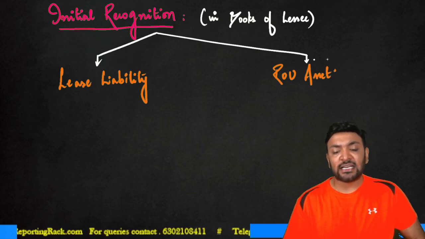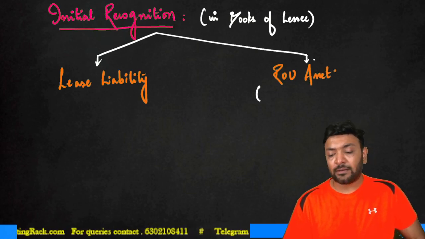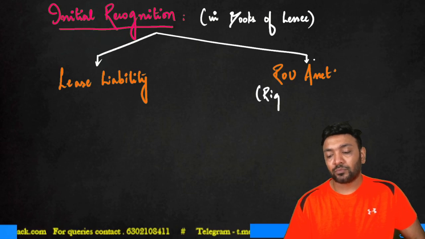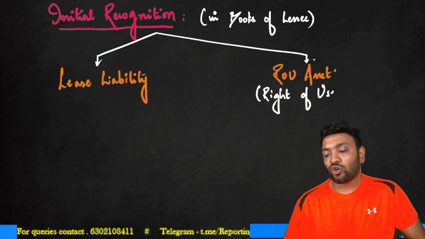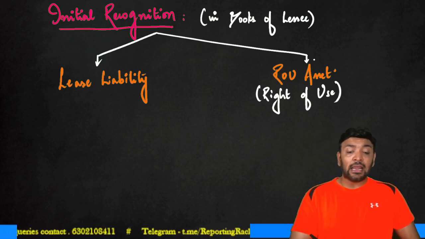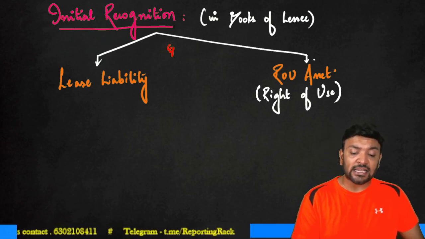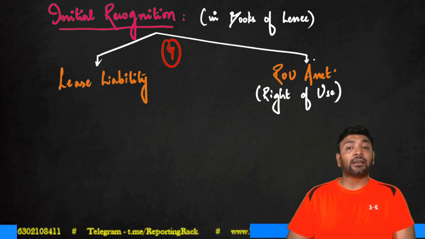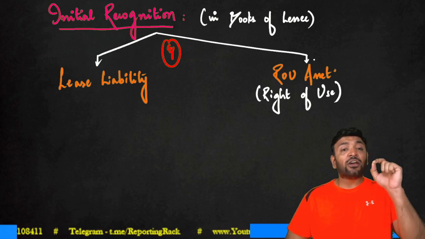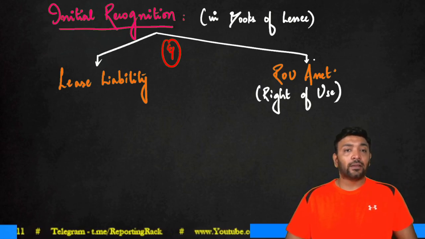An ROU asset is nothing but right of use asset. So I am recognizing a liability and I am also recognizing an asset. Both of them together should be recognized initially whenever you are recognizing a lease.